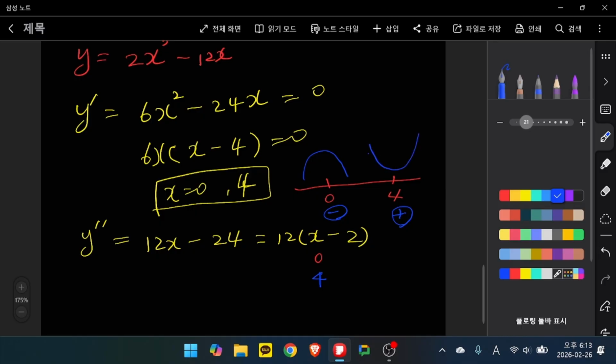So at x equals 0, it is a local maximum. And at x equals 4, it is a local minimum.